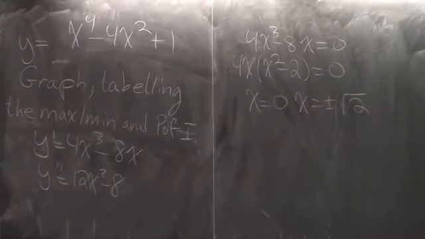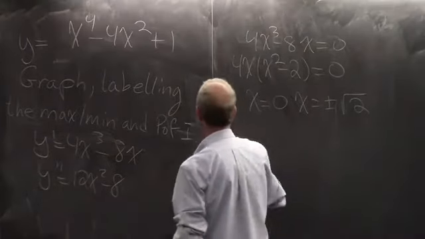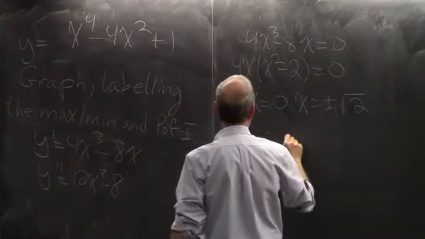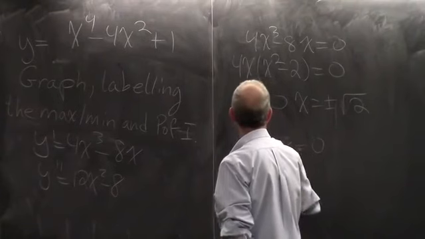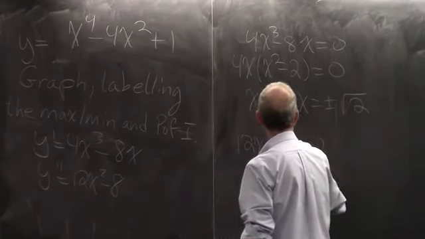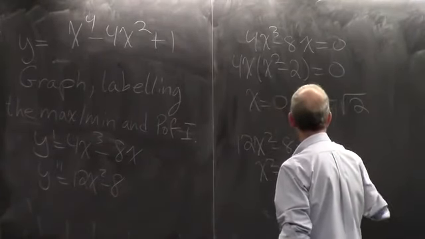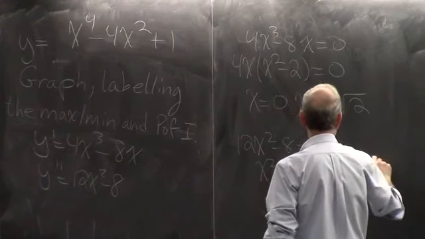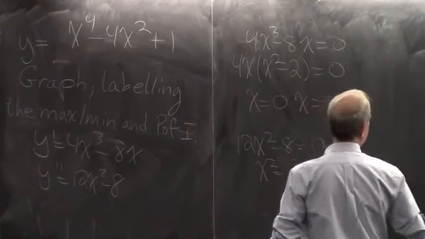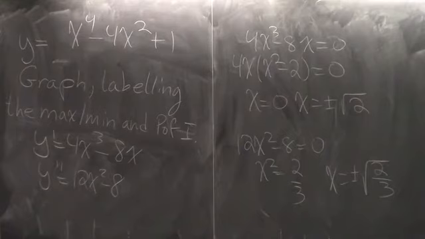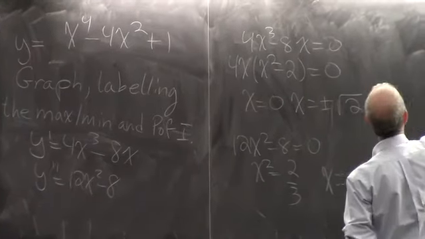Okay. And for the second derivative, we set that equal to 0. 12x squared minus 8 equals 0. You get x squared equals 8 over 12, also known as 2/3. So x equals plus or minus the square root of 2/3. So let's do some sign testing.